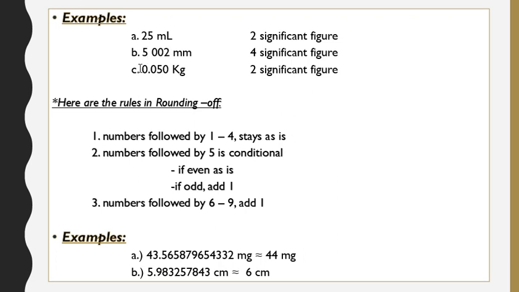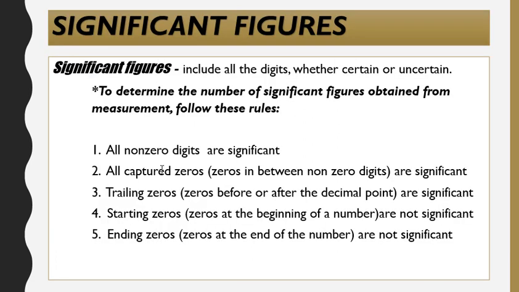Next example, we have 0.050 kilogram. Now take note again of our rules. Starting zeros at the beginning of a number are not significant, and trailing zeros are significant.